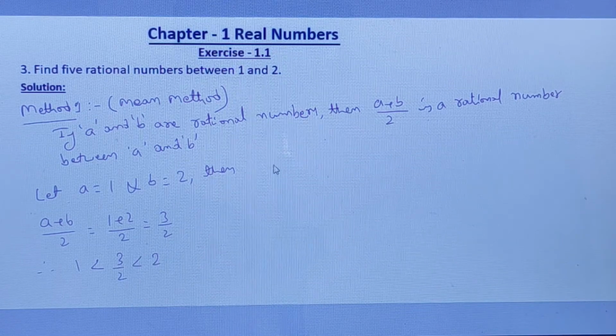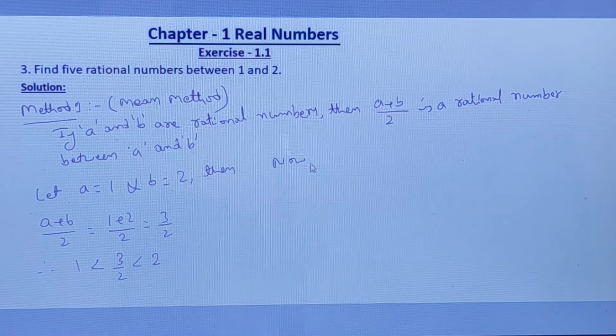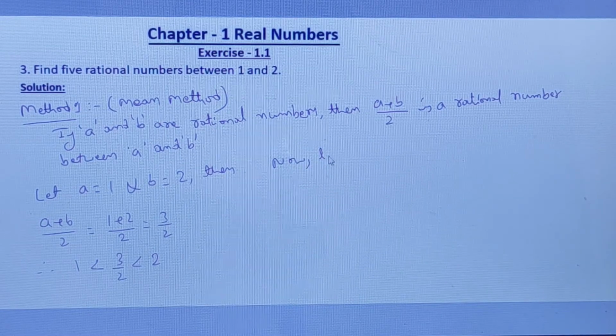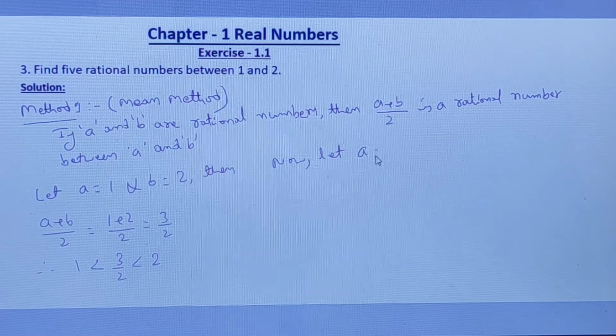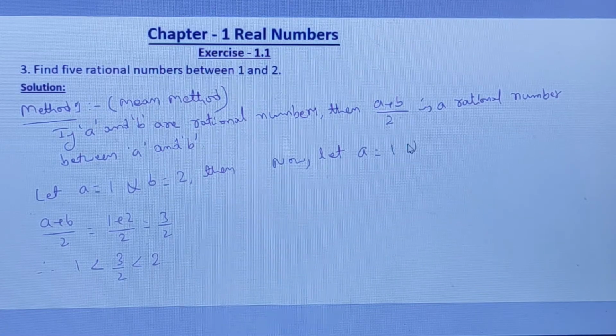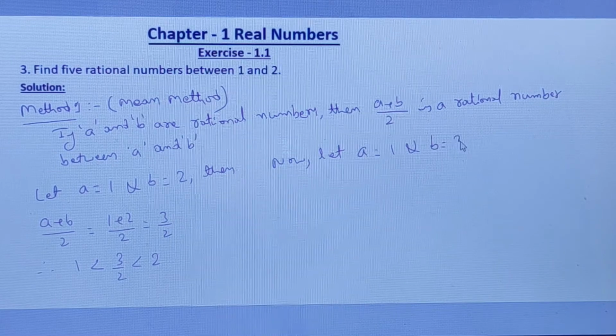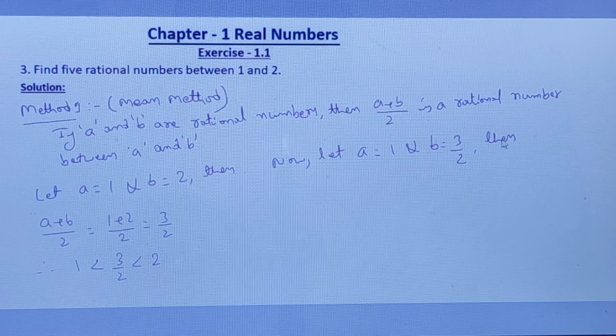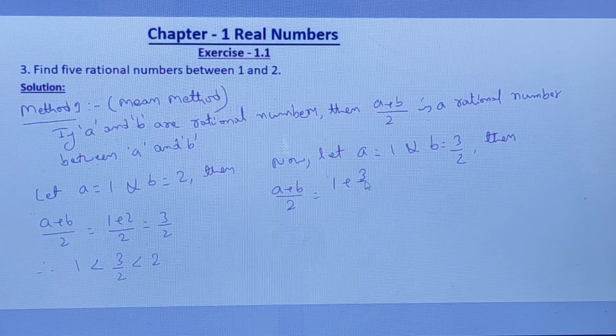Now let a is equal to 1 and b is equal to 3 by 2. Then (a plus b) by 2 will be equal to how much? 1 plus 3 by 2 divided by 2.